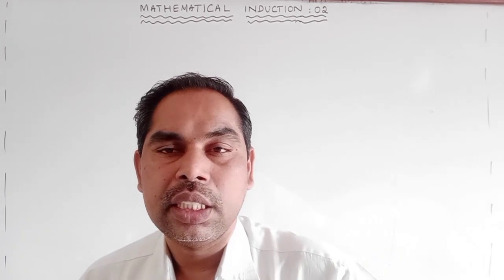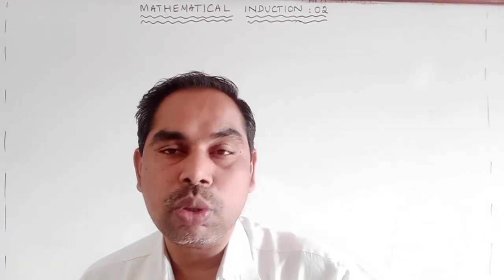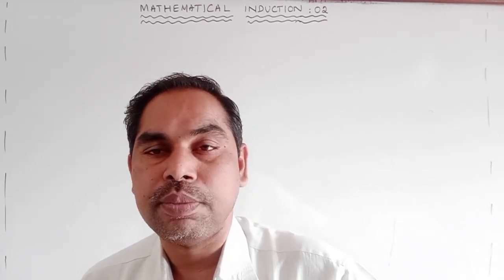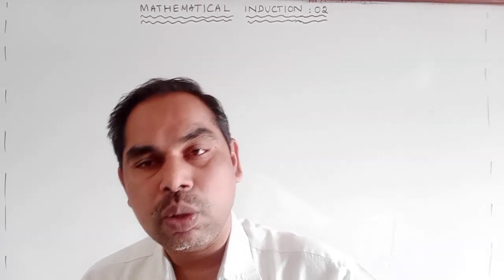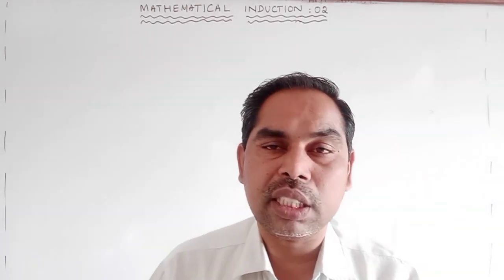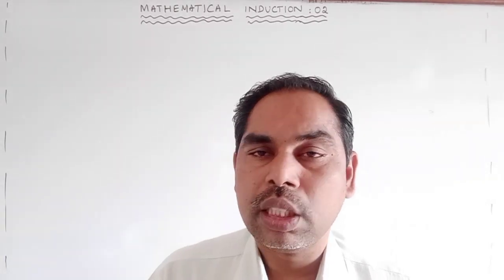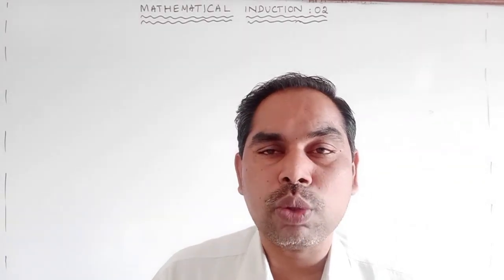Again, 4 is divisible by 2, that means 4 by 2 is equal to 2. 2 is an integer. Minus 4 is divisible by 2, so minus 4 by 2 is equal to minus 2, so minus 2 is an integer. 100 is divisible by 5, so 100 divided by 5 is equal to 20.